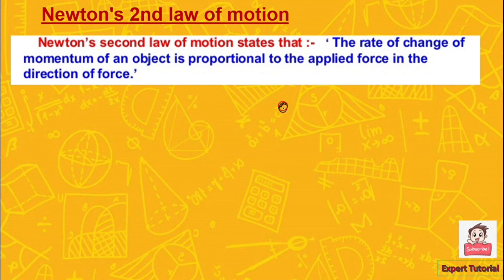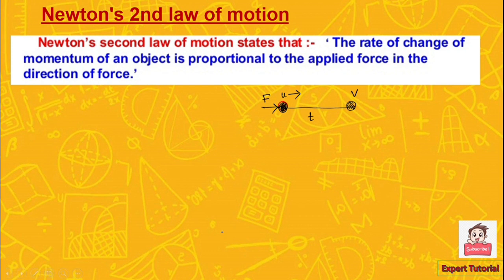Suppose here is a body moving with initial velocity u, and after application of a force for some time t, its velocity gets changed to v.